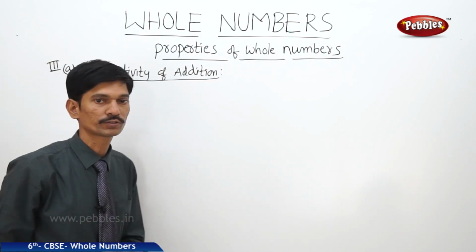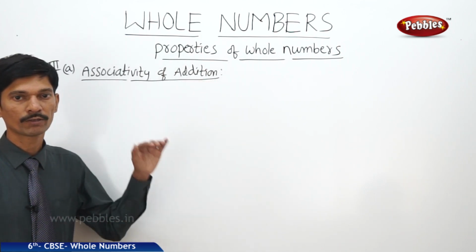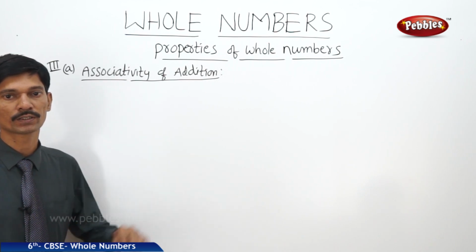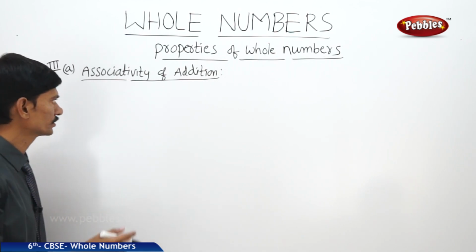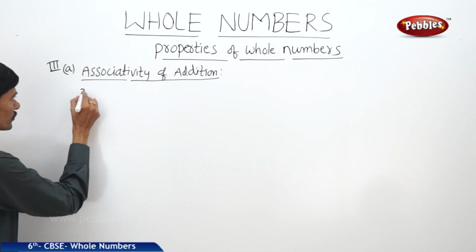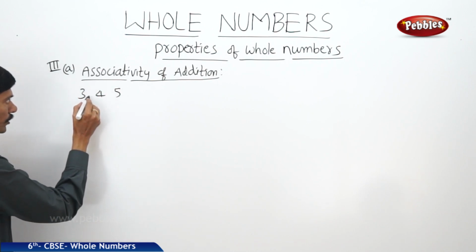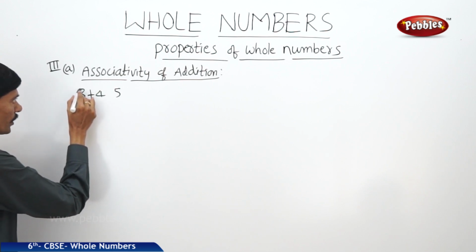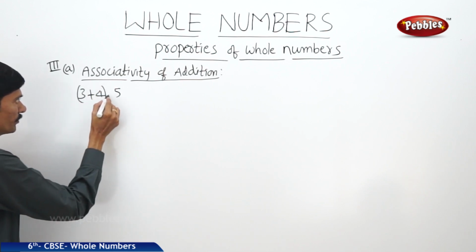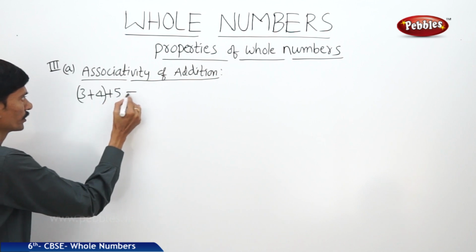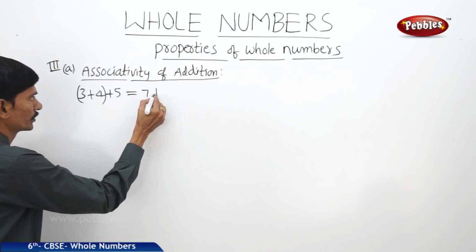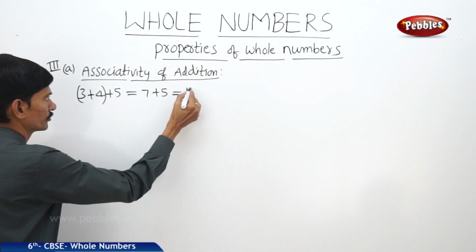In this we have to take any three whole numbers, and we should add the three whole numbers by grouping any two. So let us take three whole numbers, 3, 4 and 5. Here first we will group 3 and 4, we will add 3 and 4, then the sum is added to 5. So we get 3 plus 4, 7, plus 5 equals 12.